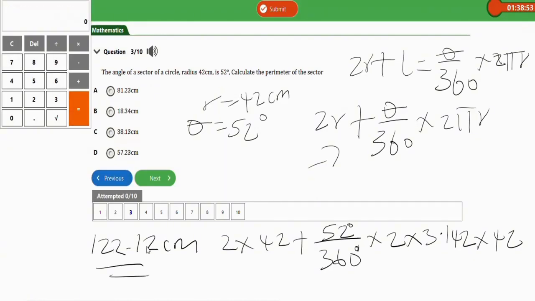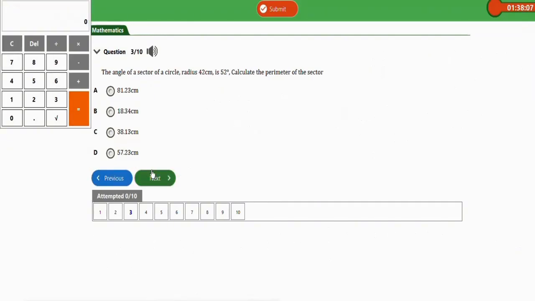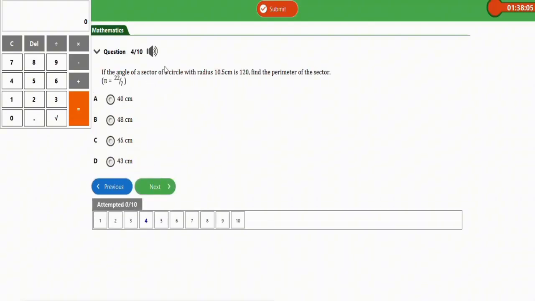Let's wipe this now and solve the next repeated question on this topic. It says if the angle of a sector of a circle with radius 10.5 cm is 120 degrees, find the perimeter of the sector. Still the same formula we're going to apply. The formula for perimeter of a sector is 2r plus length of arc, which is theta over 360 degrees times 2 pi r.